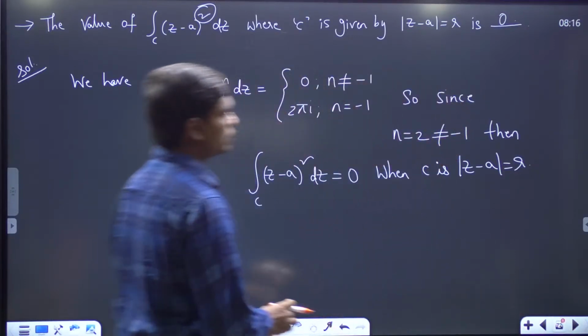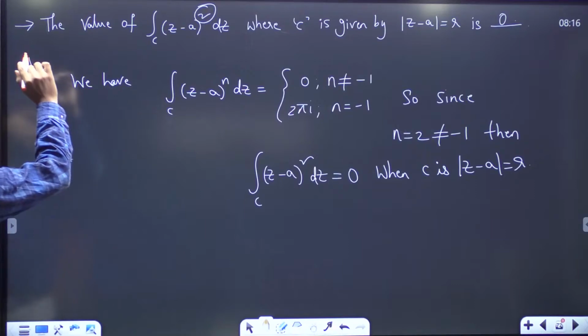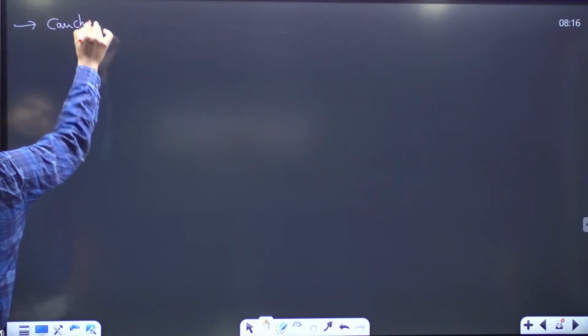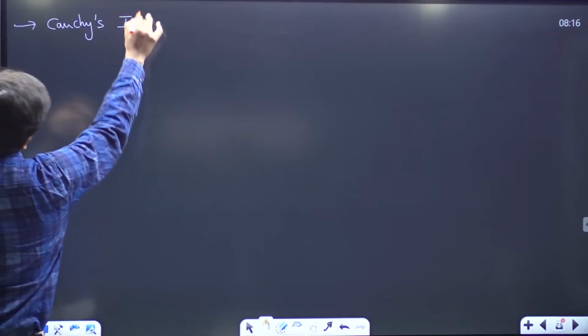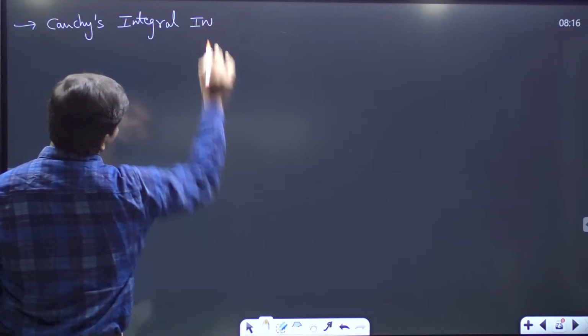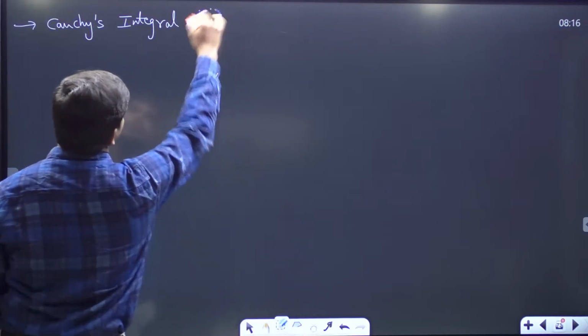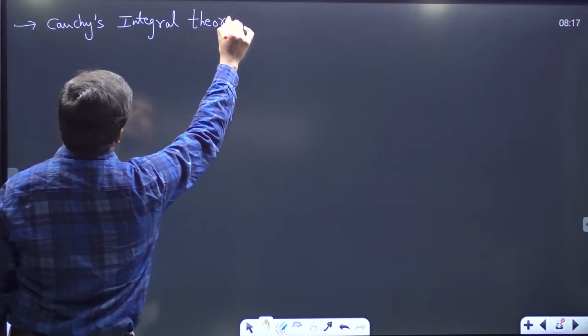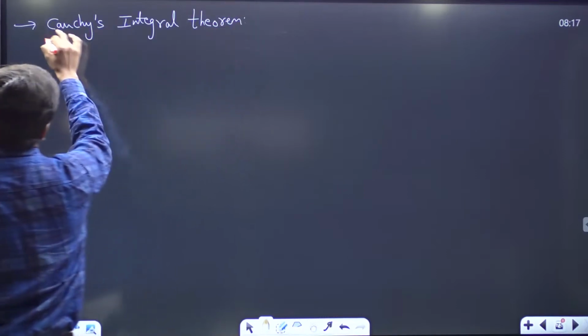So next I would like to discuss one thing, something called Cauchy's integral theorem. We'll see what this Cauchy's integral theorem is.